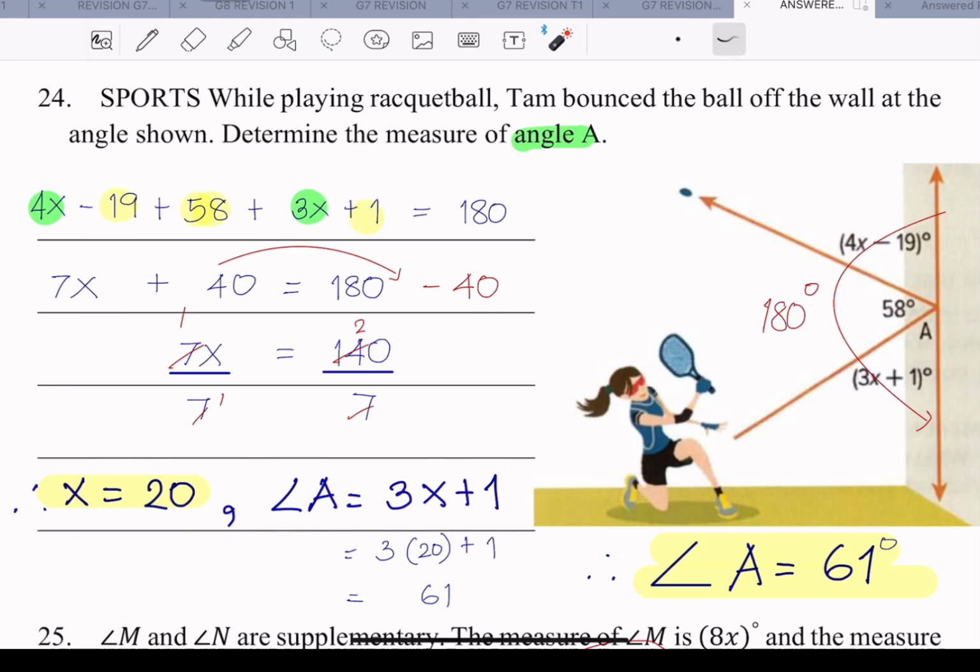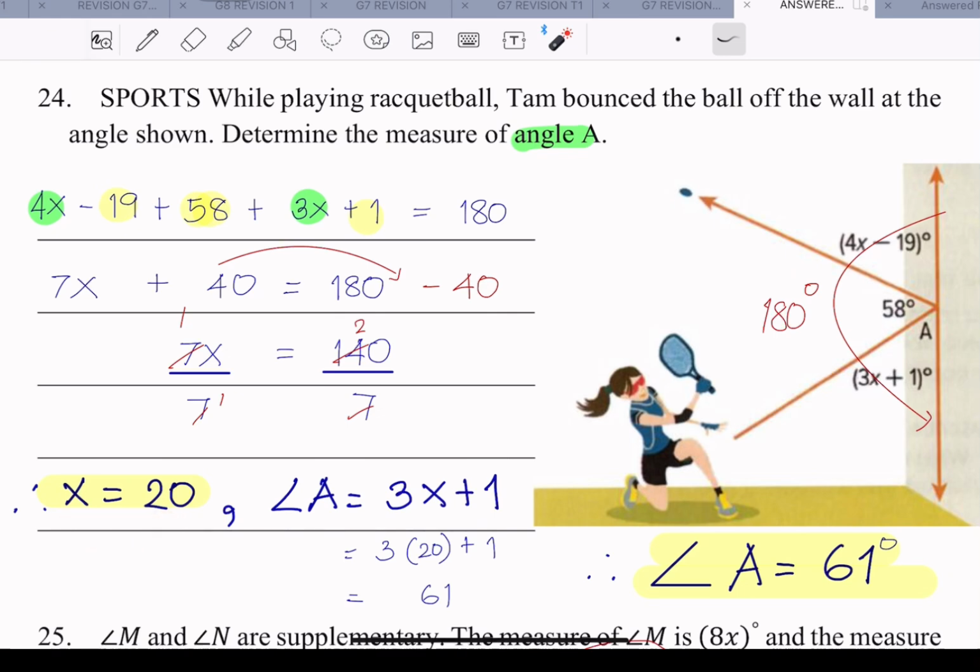So we just copy here. 7x is equal to 140. We need x only, so we have to remove 7. Divide 7 by 7 on both sides. So we have x that is equal to 20.